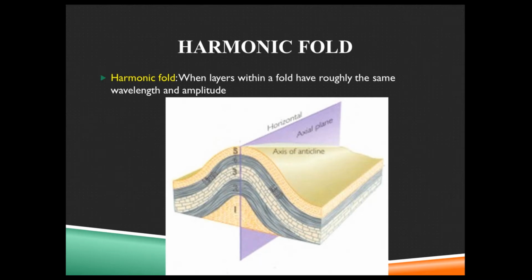But if the conditions are just right, and you have some decoupling, which we'll talk about later, but only mildly decoupled, you can end up with a harmonic fold, and the layers all have basically the same wavelength. Not perfect, but really close. This happens to also be plunging, which we'll talk about shortly.